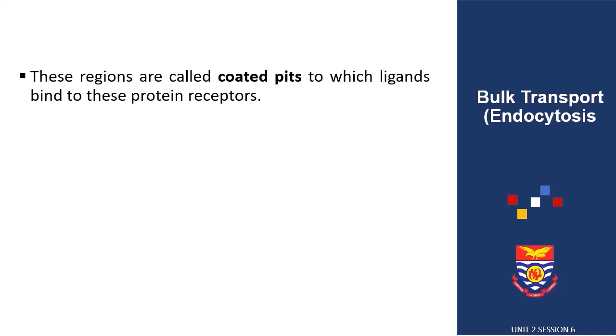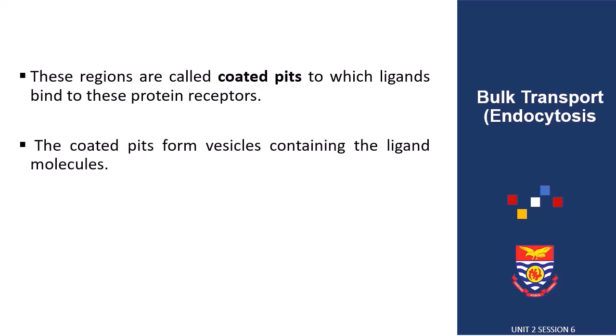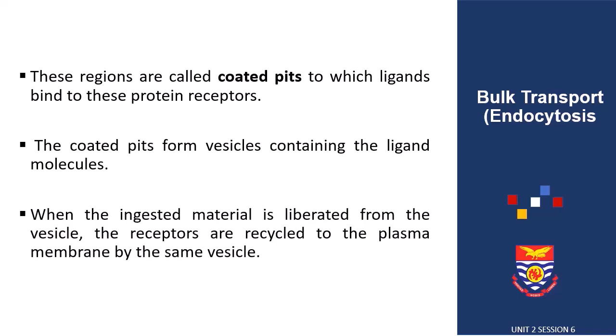These regions are called coated pits, and ligands bind to these protein receptors. The coated pits form vesicles containing the ligand molecules. The ingested material is then liberated from the vesicle, and the receptors are recycled to the plasma membrane by the same vesicle.